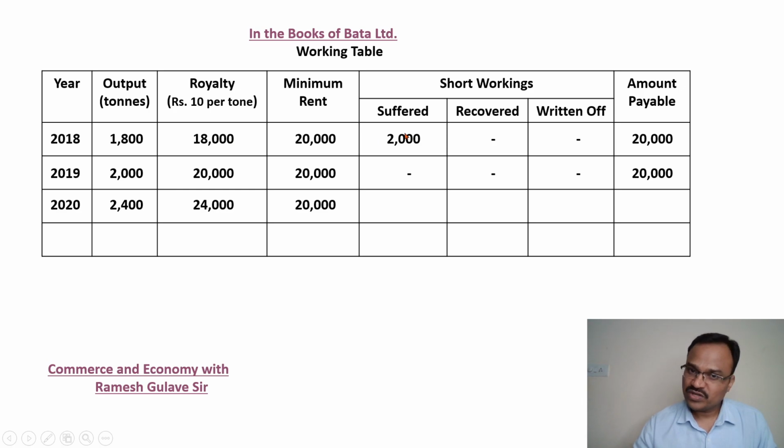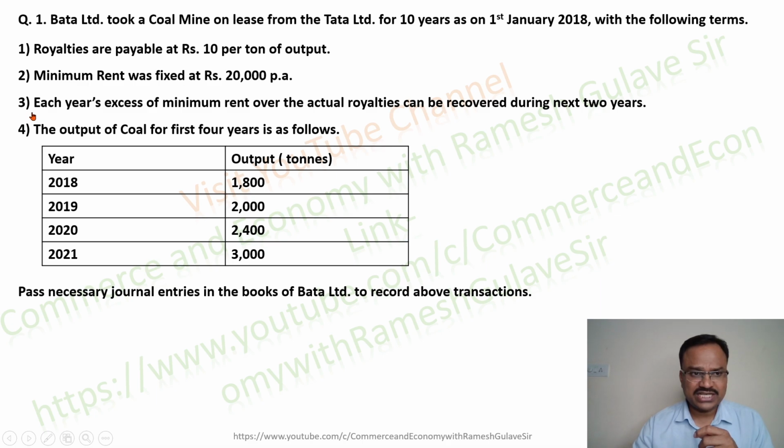In this year short workings arise. But when royalties are more than minimum rent, we can recover the short workings if the agreement allows us. Now let us see, it is given in the question, in the third term, that each year's excess of minimum rent over the actual royalties can be recovered during the next 2 years.